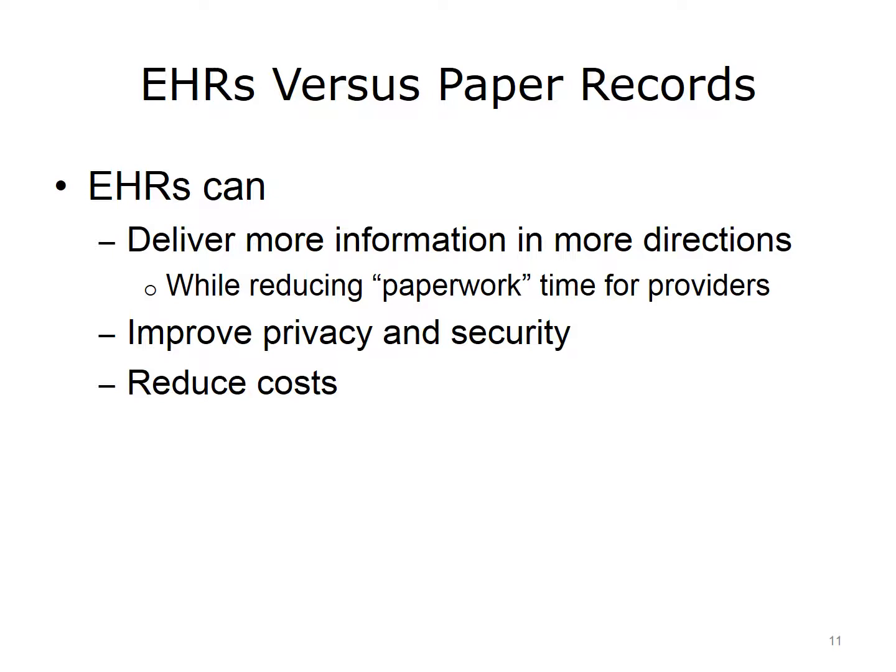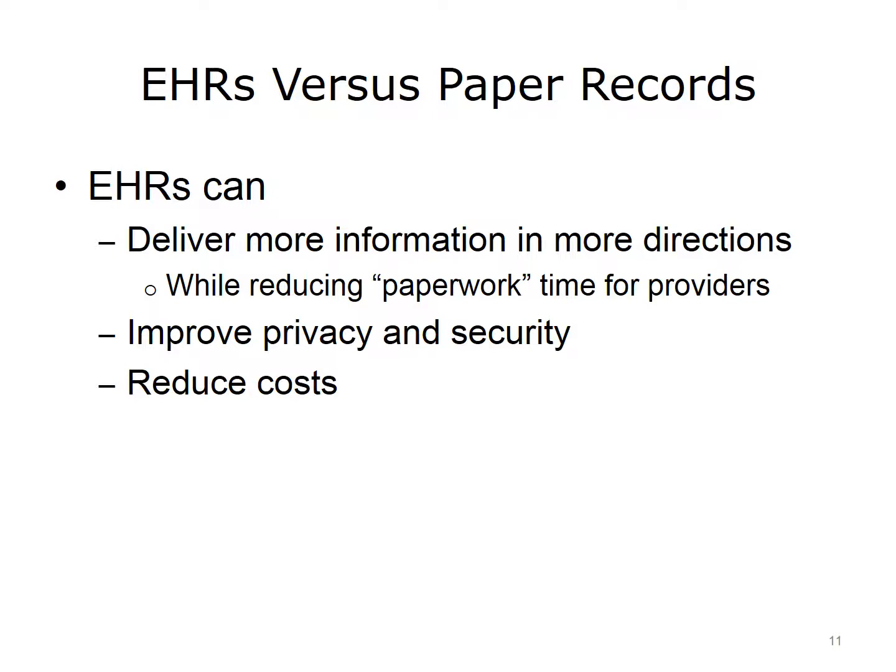With regards to improving privacy and security, EHRs can be encrypted and stored on password-protected systems, thereby restricting their access to only those authorized. In addition, systems can track who accessed a record, when it occurred, and for what purpose.